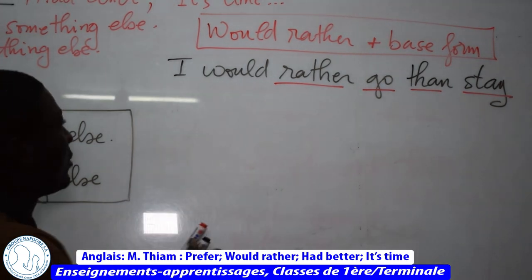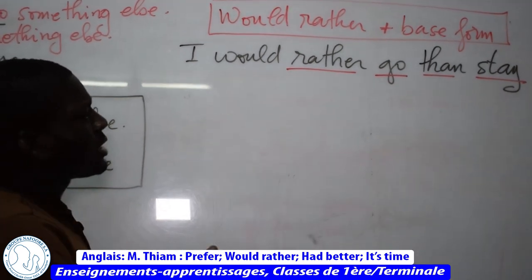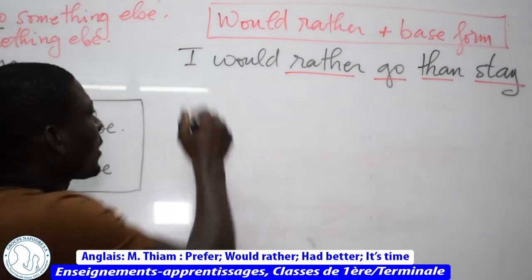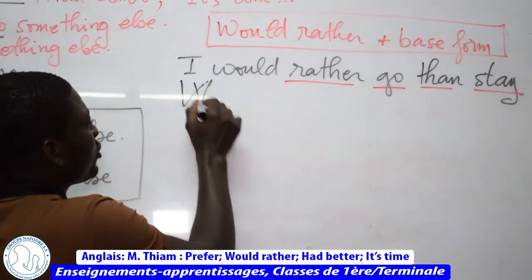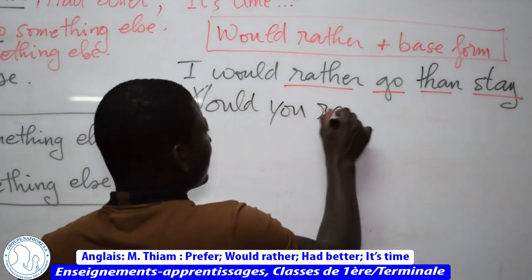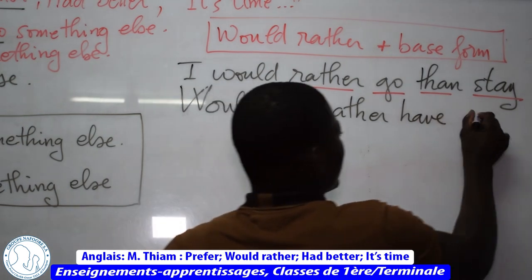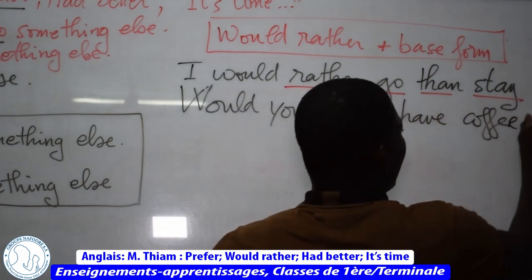Understand that? Another example. For example, now it can be used under the form of a question. Okay? If I want to propose you something, would you rather have coffee or tea?